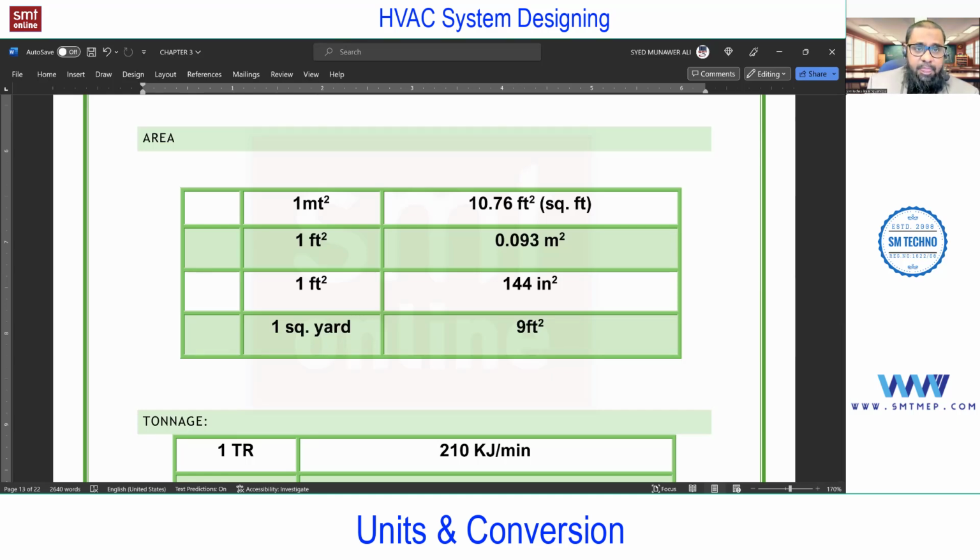Next, area. 1 square meter. What we discussed just now is length. Length is 1D. So remember, point is 0D, length is 1D, area is 2D, volume is 3D.